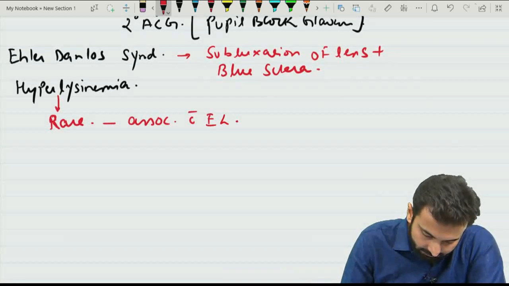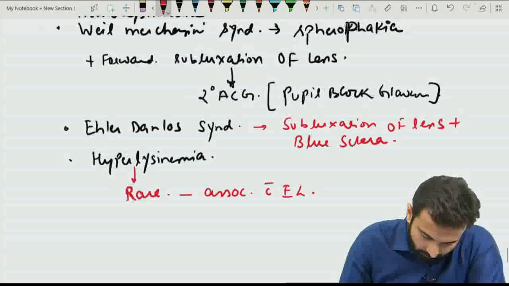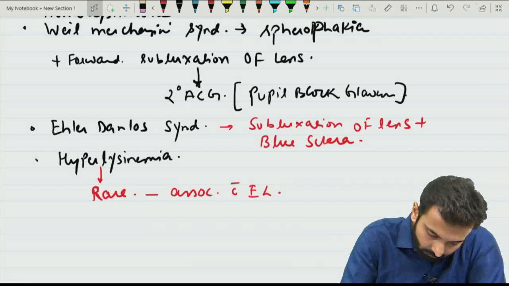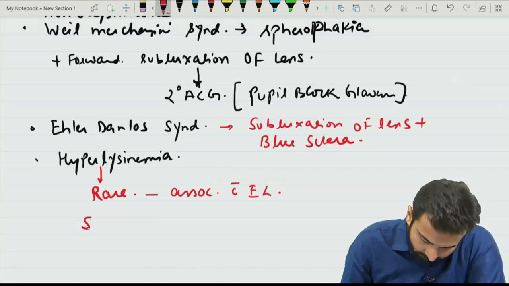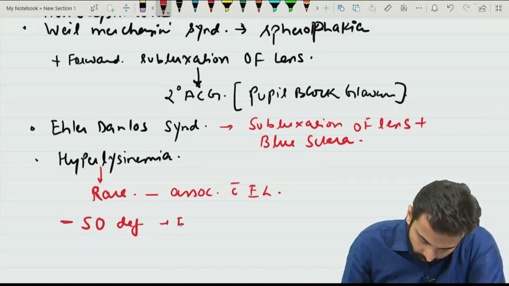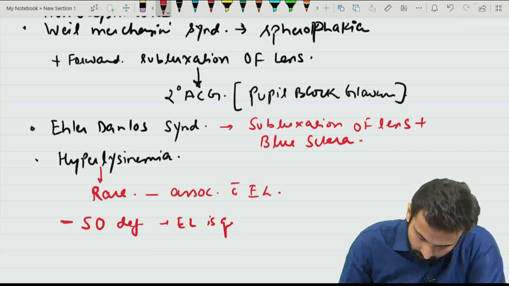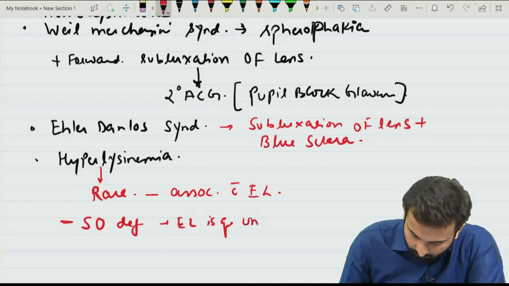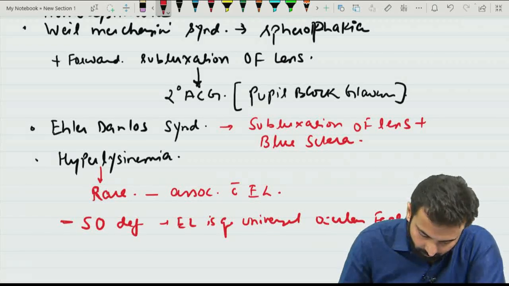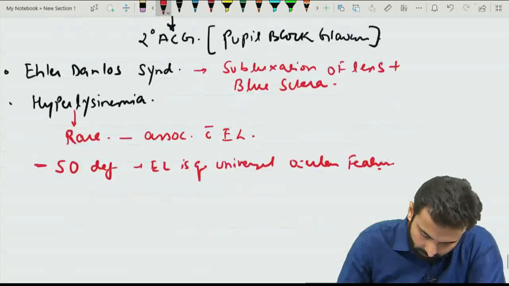In sulfite oxidase deficiency, write down, ectopia lentis is a universal ocular feature, right?